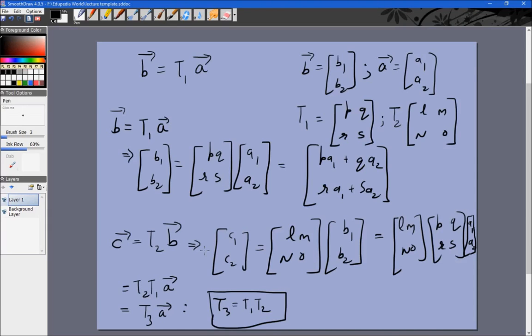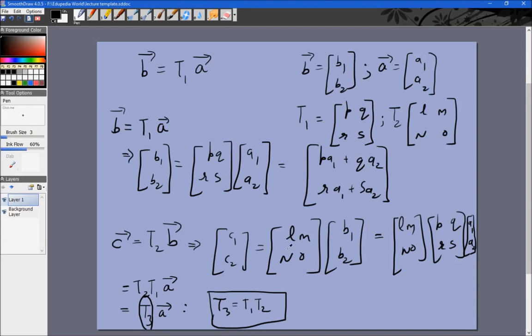That's it. That's a long statement. I'll repeat it, but that's the rule. If we have transformations represented by matrices and B is a transformation on A and C is another transformation on B, which means it is a transformation on A, then we want the final transformation to look like the product of the two transformations.